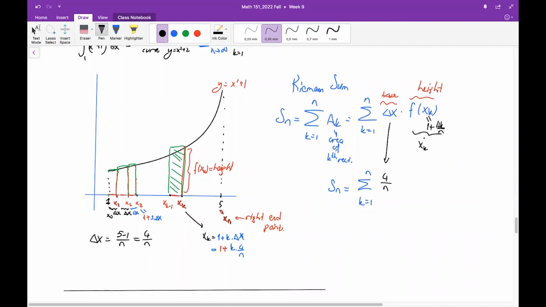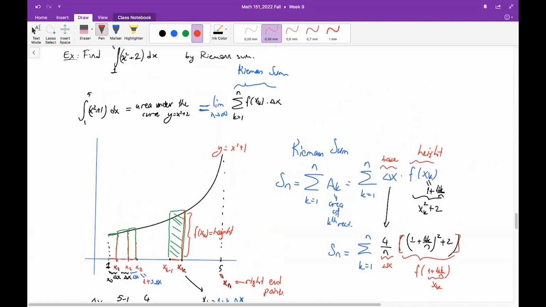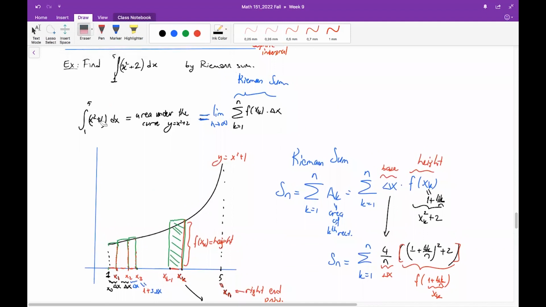This is in fact xk squared plus 2, so 1 plus 4k over n, squared, plus 2. This comes from the height part, and this is the base part. So this is f of xk, where xk is given with this expression depending on k and n. I wrote it plus 1, but it should be plus 2.